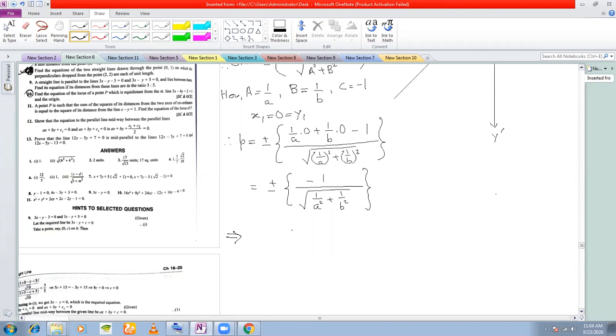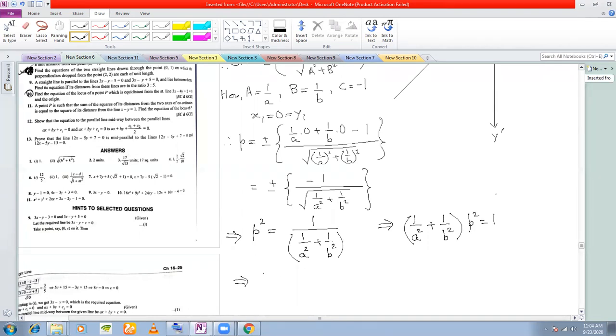No need of choosing a sign, because if you square, everything will become positive. So you square both sides. So you get p square is equal to 1 by a square plus 1 by b square. That means now if you cross multiply, you get 1 by a square plus 1 by b square into p square is equal to 1.